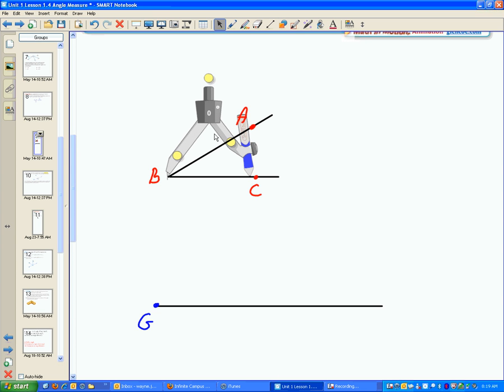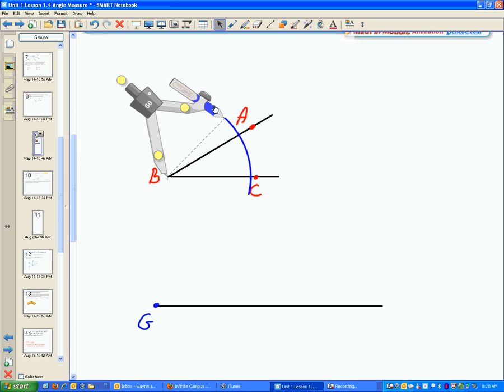Doesn't really matter how far it is. So just stretch it out to some distance that you're comfortable with. Okay? Now, make an arc that goes through both sides of your angle.